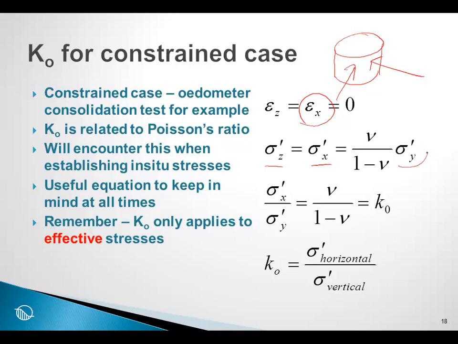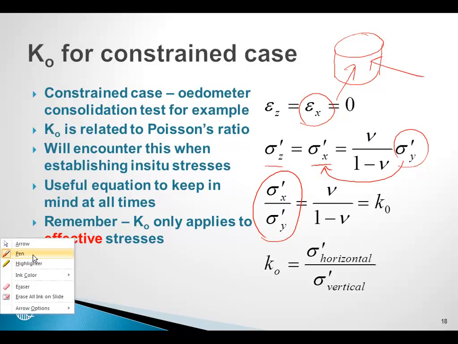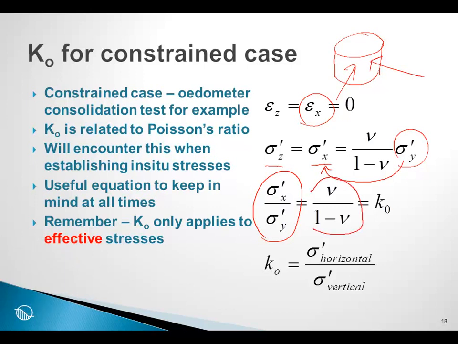Taking the stress y to the other side of the equation, we land up with this ratio, such that the effective stress in the x or horizontal direction divided by the effective stress in the vertical or y direction is related by this ratio of Poisson's ratio divided by 1 minus Poisson's ratio, which is equivalent to the definition of K0.